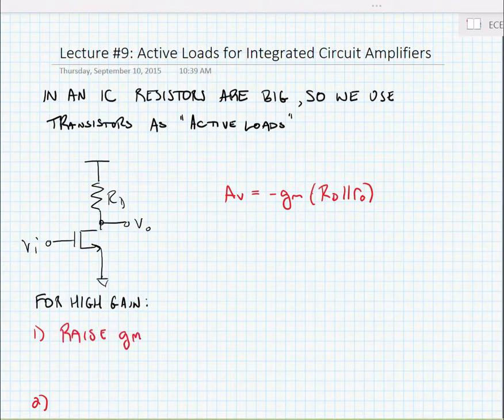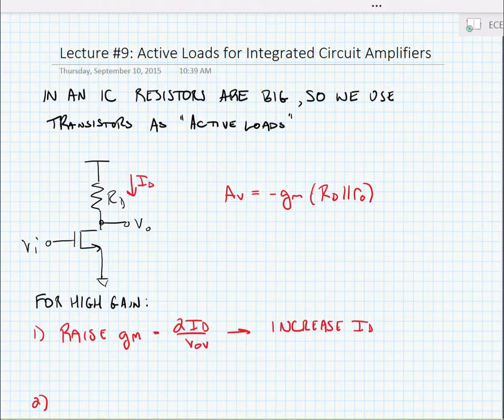The first is to try and raise GM. Now, I know that GM is equal to 2ID over VOV in one form, and so this tells me increase ID.